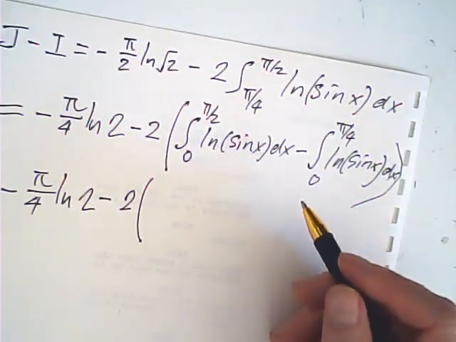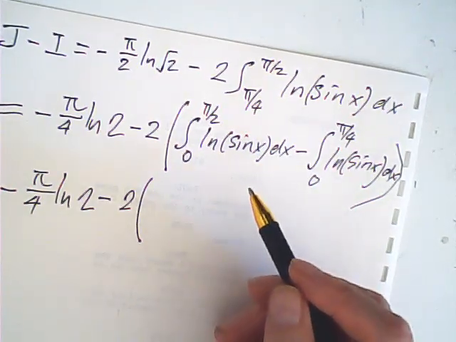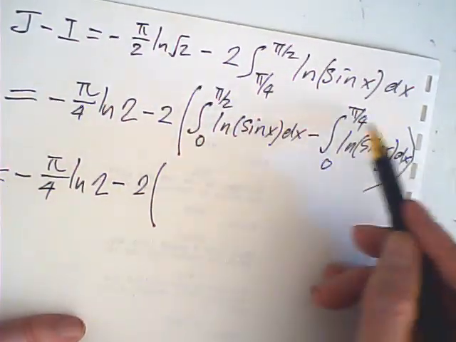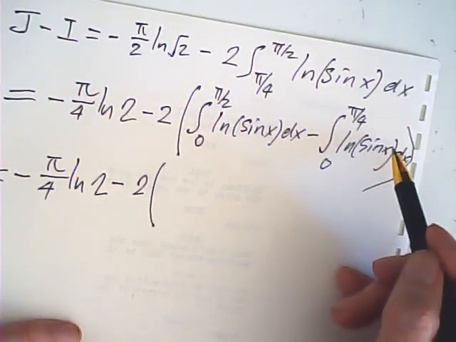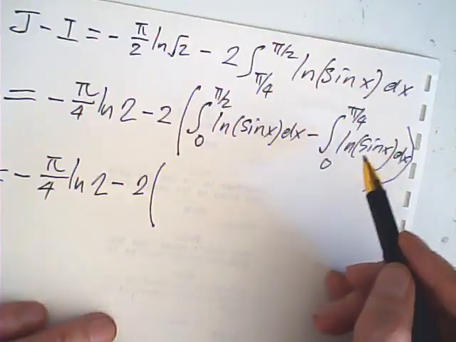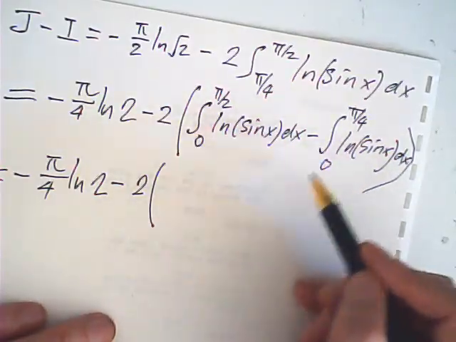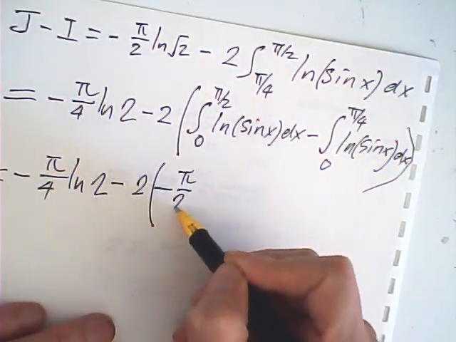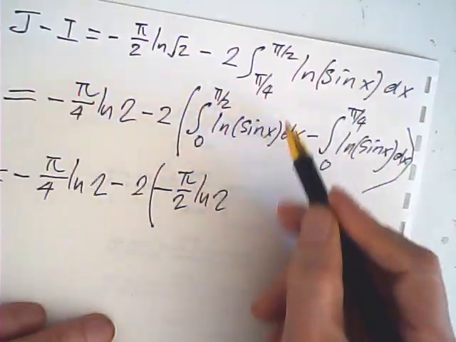Now, I have two videos. One is for that. The other one is for this. And this one is equal to half pi log 2. That is this one.